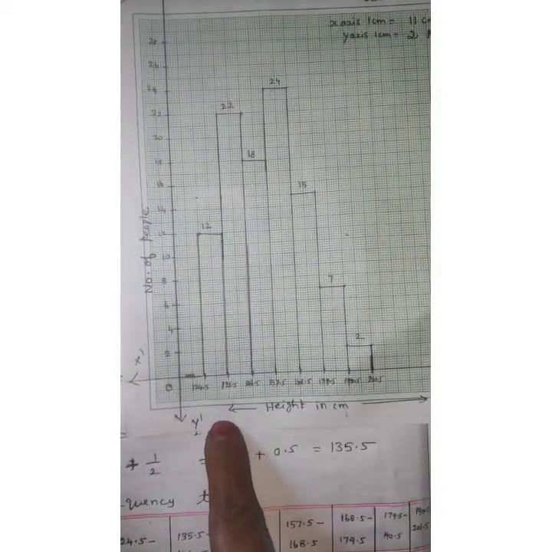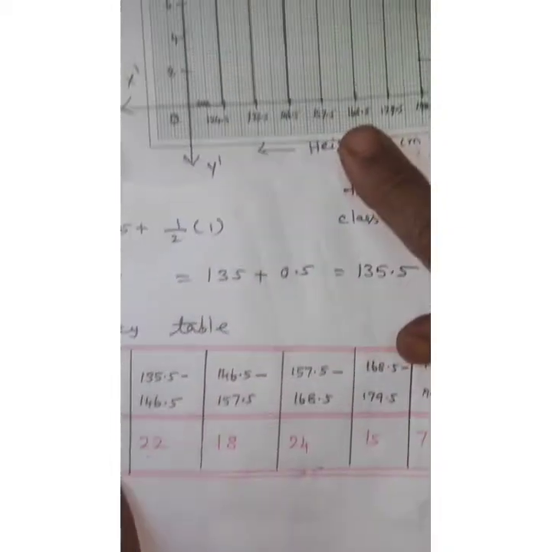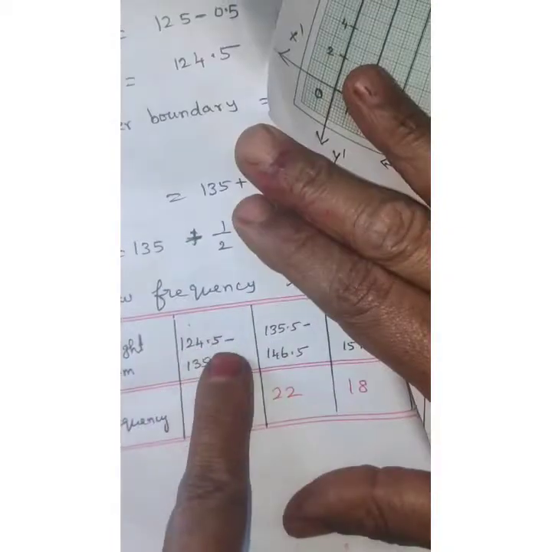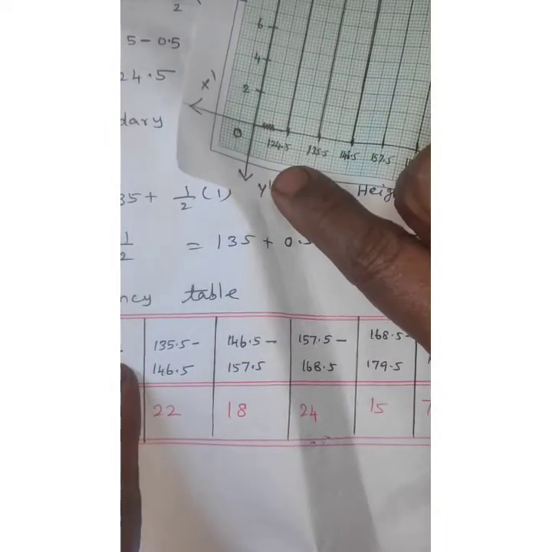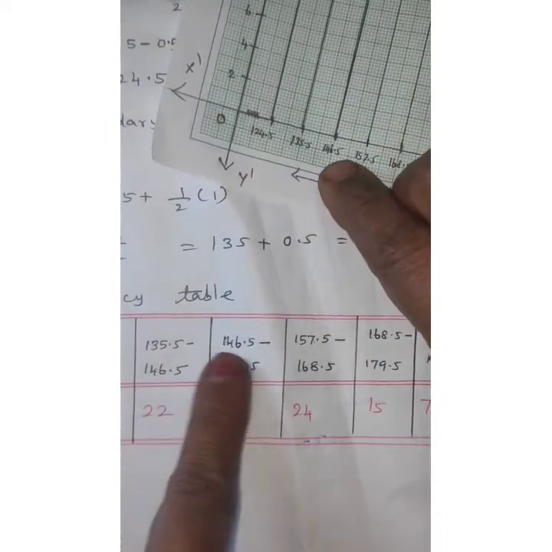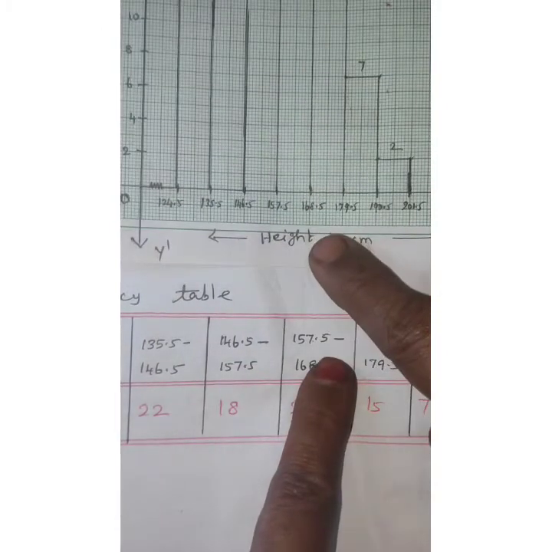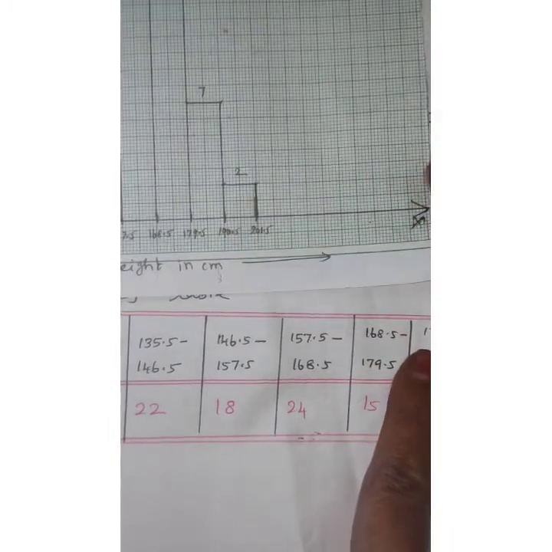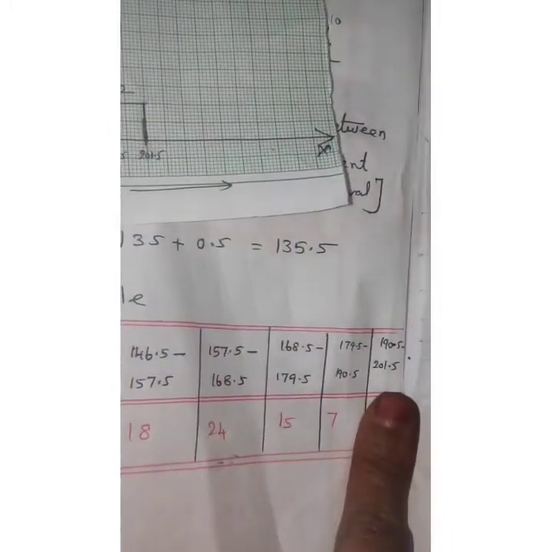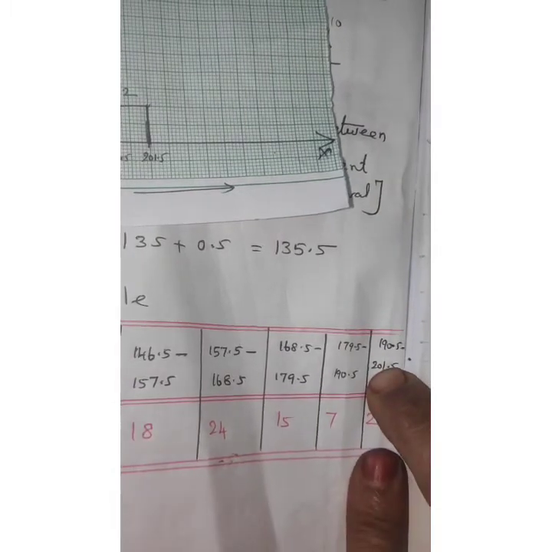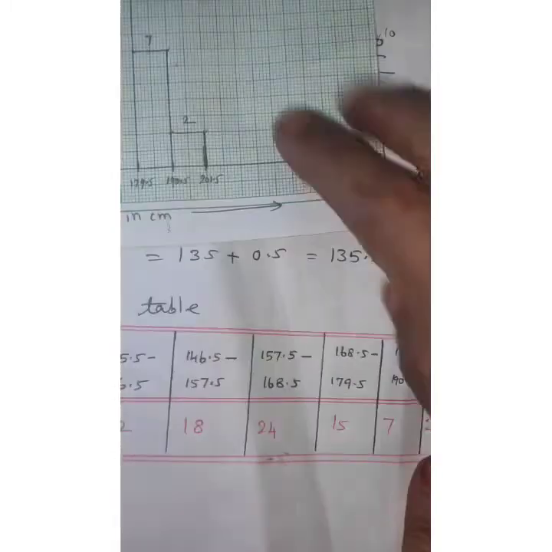On the x-axis, from the frequency table, write 124.5, next 135.5, 146.5, 157.5, 168.5, 179.5, 190.5, and don't forget to write the last number, 201.5.